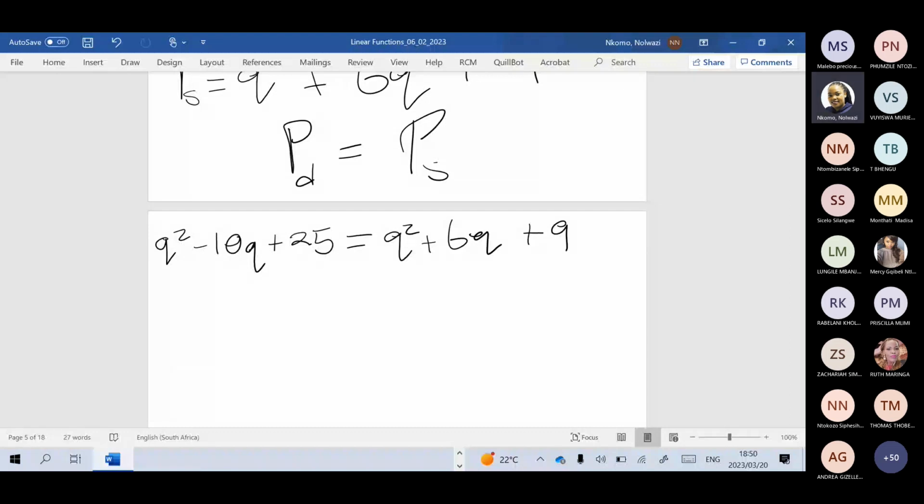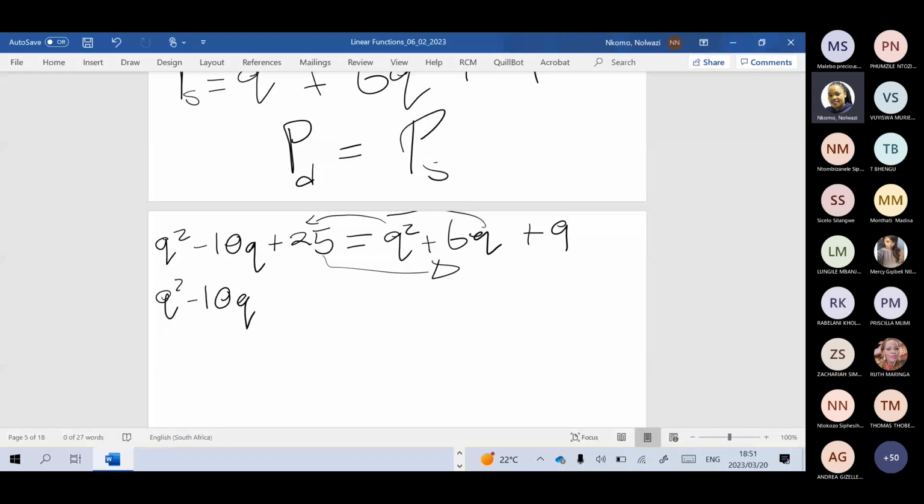Then I'll transpose these two to this side, and this one to that side. Remember, if you transpose anything to another side of the equal sign, the sign changes. So this means we'll have minus q squared minus 6q equals 9 minus 25.